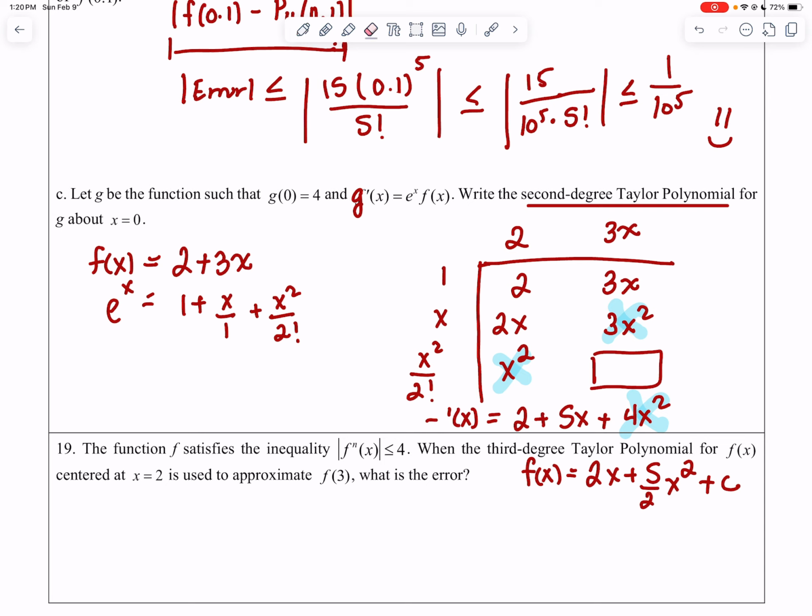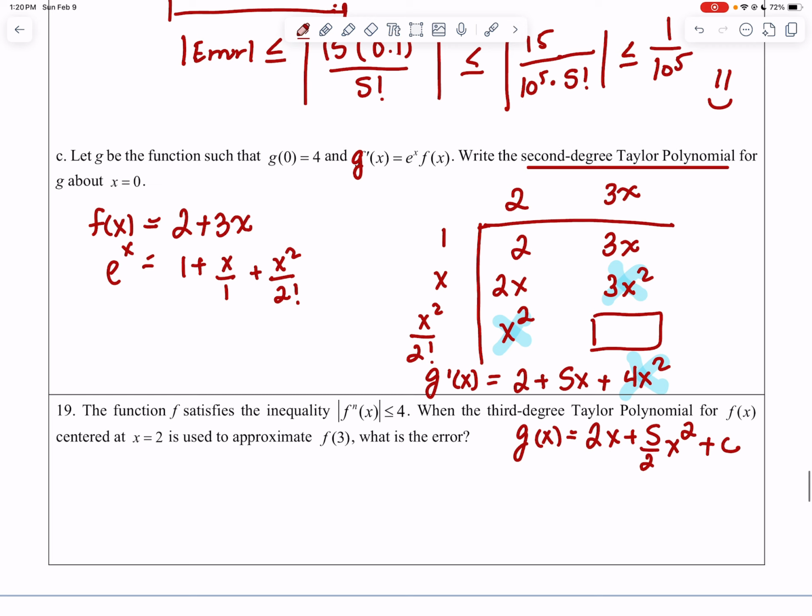Oopsies. Your c value here is going to be g of 0 is equal to 4, so that's easy for us, c is 4. So that means that g of x is going to be 2x plus 5 halves x squared plus 4 in terms of my second degree Taylor polynomial for g about x is equal to 0.